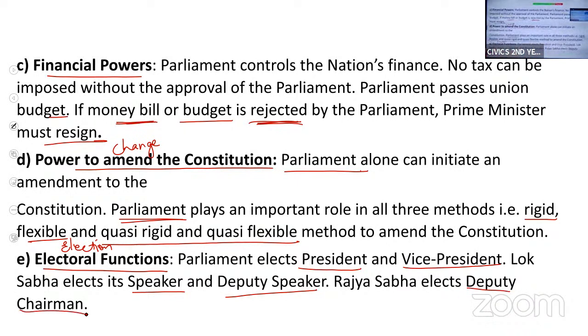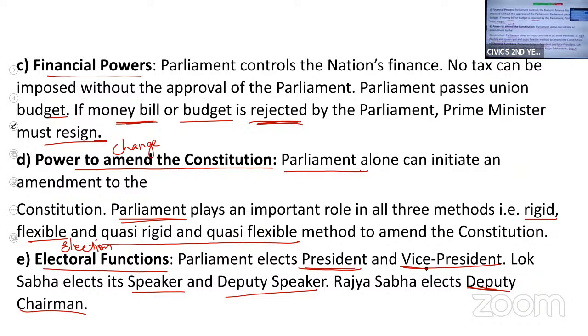The Speaker and Deputy Speaker of Lok Sabha are elected by the members of the parliament among themselves. Then the members of Rajya Sabha will elect the Deputy Chairman, and parliament elects the President and Vice President of the country. So that is their electoral functions.